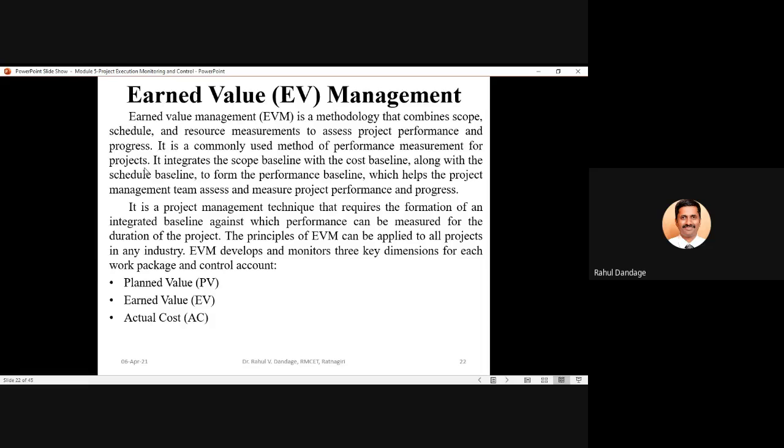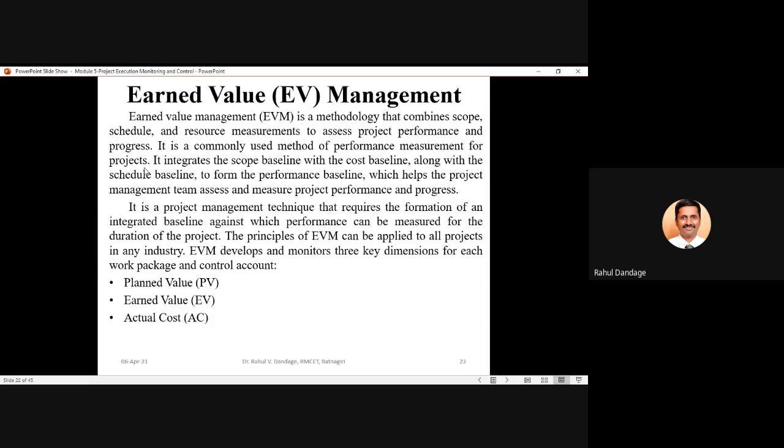So these three baselines, scope, cost and schedule, must be integrated together to form a common performance baseline, against which the project performance will be compared and evaluated, and the progress of the project can be assessed.